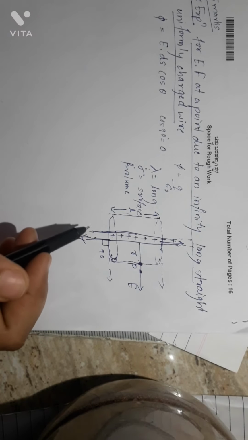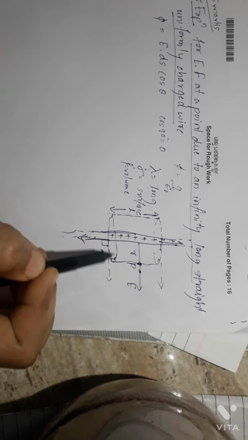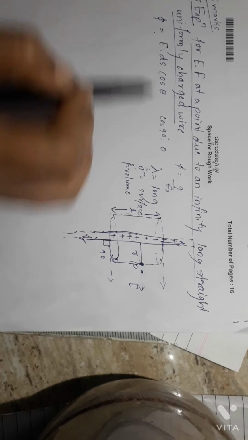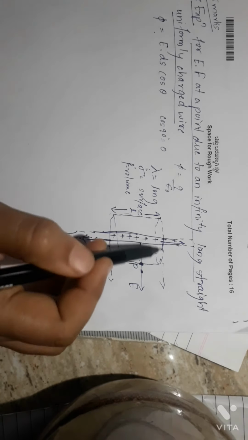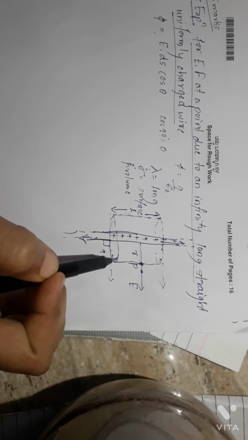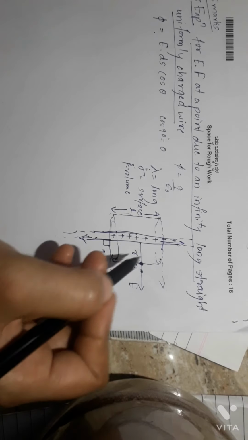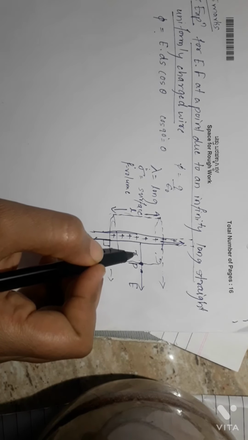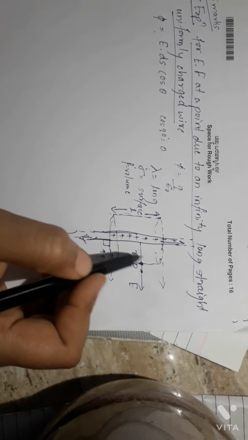Hence we can easily say that the flux through these two cross sections is always 0, as defined by the electric field lines: the angle between the normal and the electric field is 90 degrees.